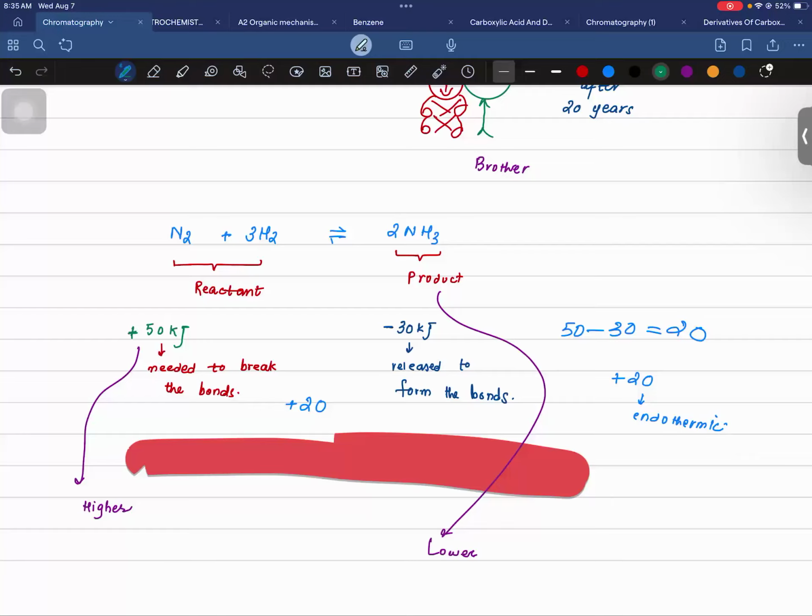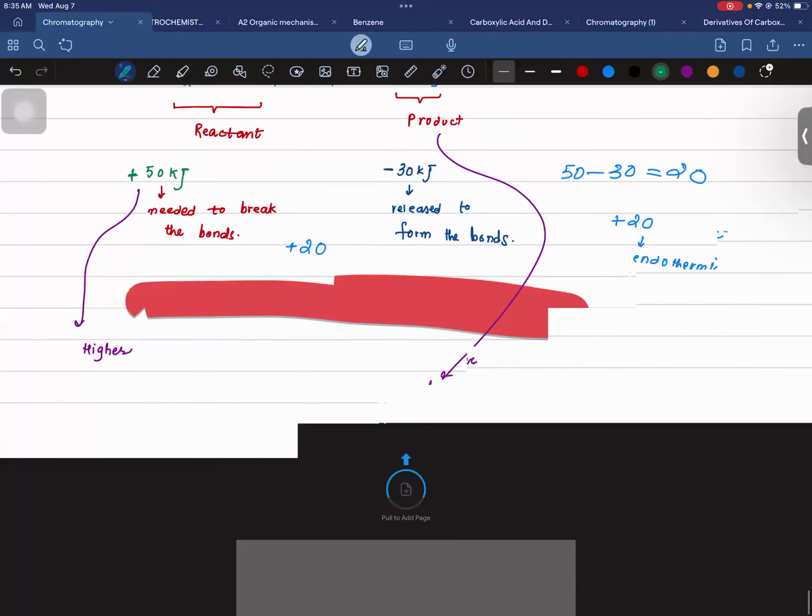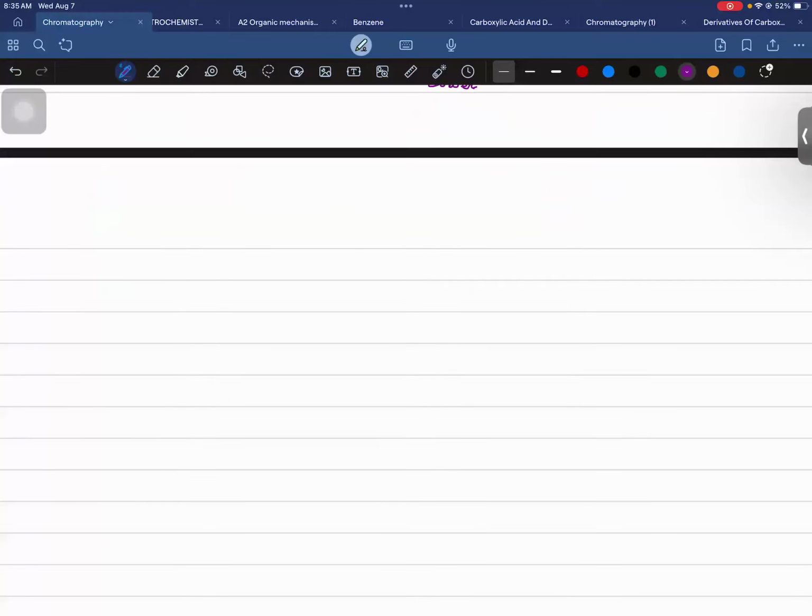Remember, I'm repeating, if more energy is absorbed than released, the reaction would be endothermic. So this is the definition on the basis of bond energy.